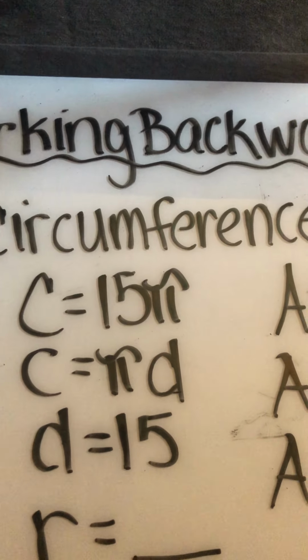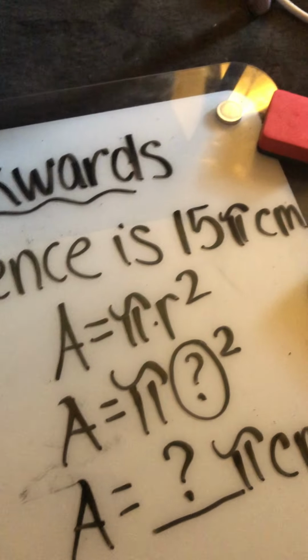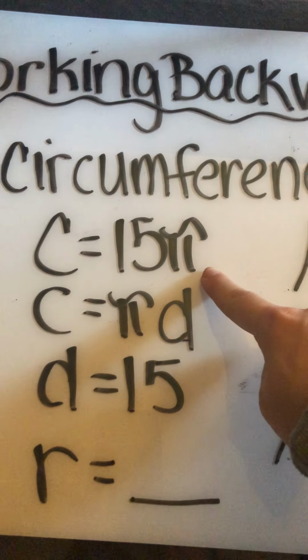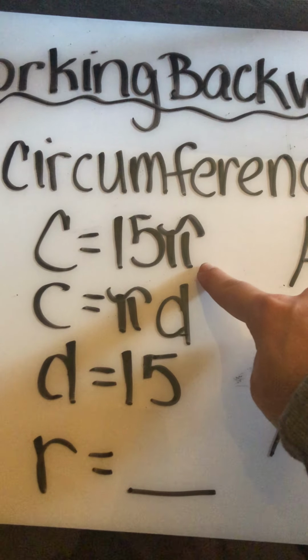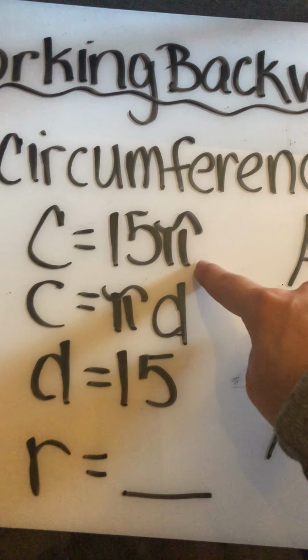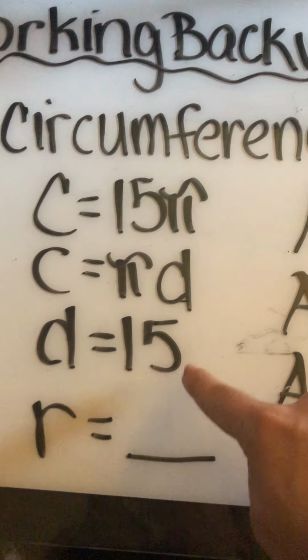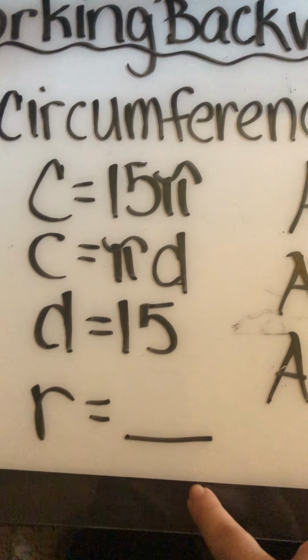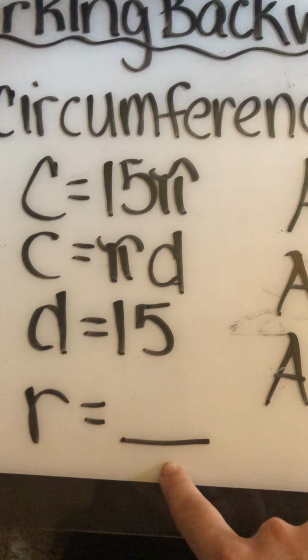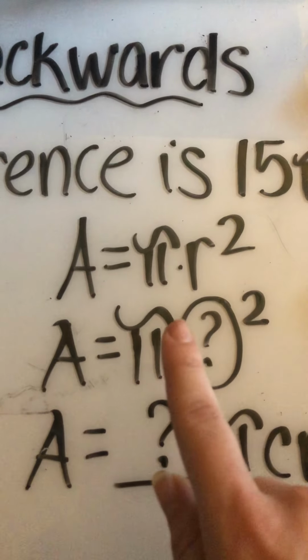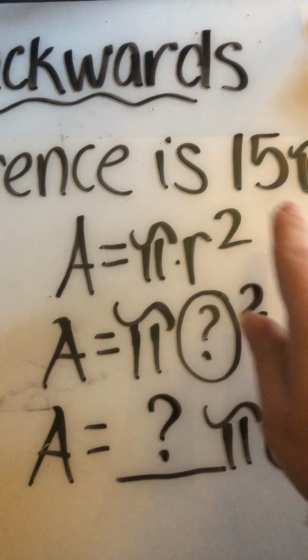So again, they told us the circumference is 15 pi centimeters. I rewrote it as C equals 15 pi. If this is our given information, then I know that the diameter is therefore 15. And if my diameter is 15, you should all at this point be able to find the radius. Once you have the radius, you can now find the area of this circle in terms of pi by using your formula.